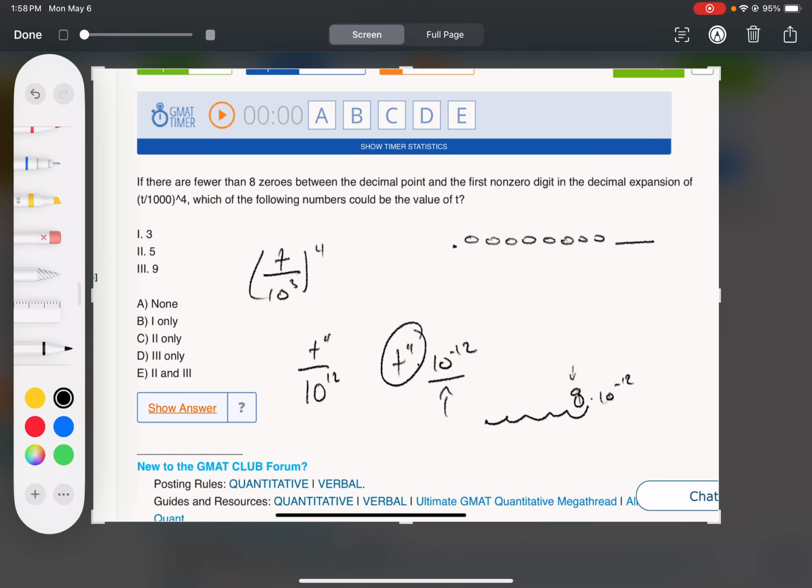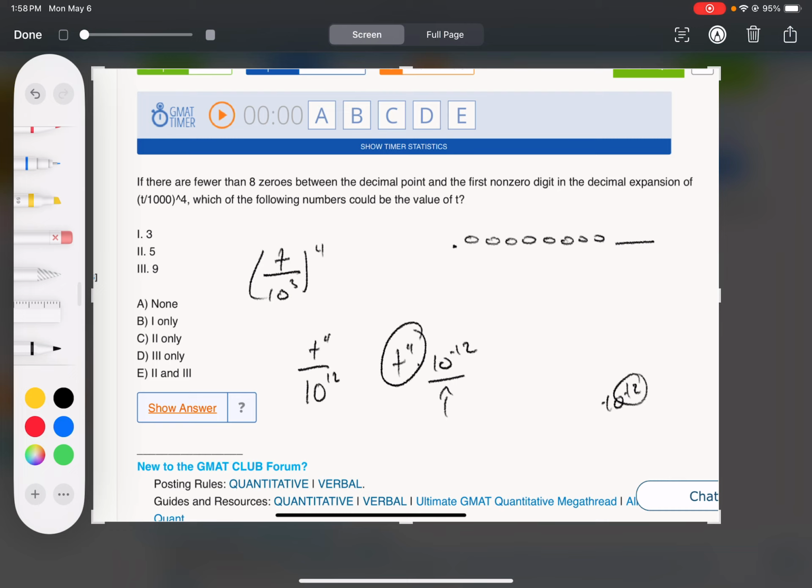The 8 would take up a spot, and there should be 11 zeros, because the 8 took up one spot. So if it's 16 times 10 to the negative 12, you can guess that's 1, 2, and then when you keep moving, that would be 10 zeros. Because this moves you 12 spaces, and this took up 2 digits, leaving 10 zeros.